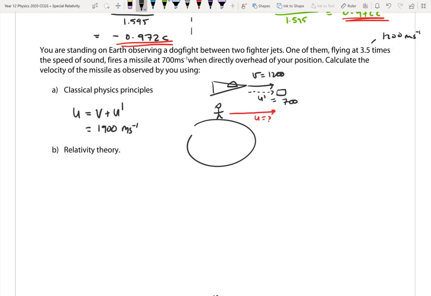Now, the answer might shock you when you do relativistic effects. What are you going to get?